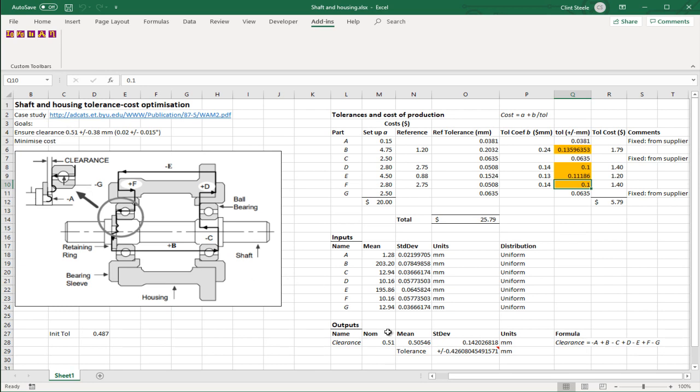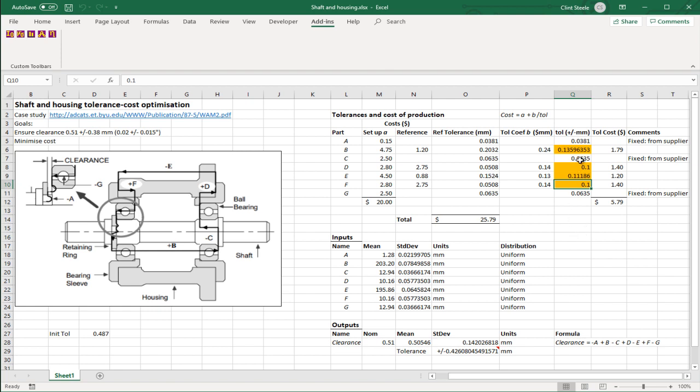What that probably means is that given the costs of production and the cost of failure that we allocated, it was probably worth allowing a few of the components to fail instead of paying extra for the manufacturing costs. If we take a look up here, remember at the start this was around $7 or something. That's now been reduced to $5.79. What that means is that the optimization process actually thought some tolerances were worth letting out.